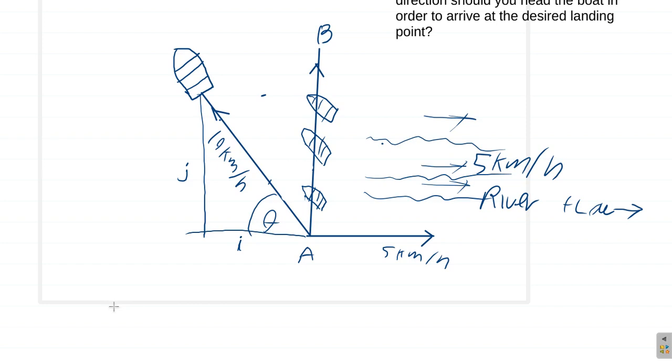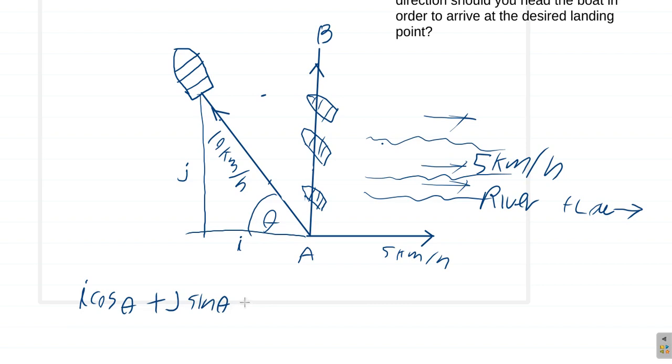Now, here, you remember, this 10 kilometers per hour, you're going to cut up into two parts, horizontal and vertical. The horizontal component would be I cos theta plus the vertical component J sin theta.